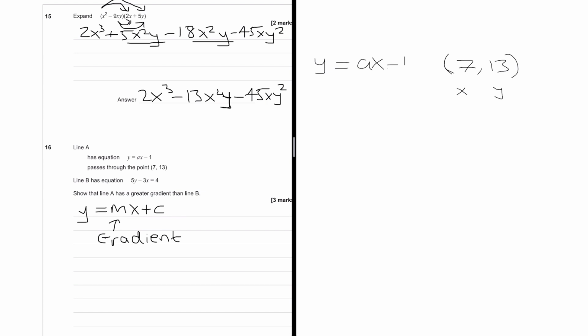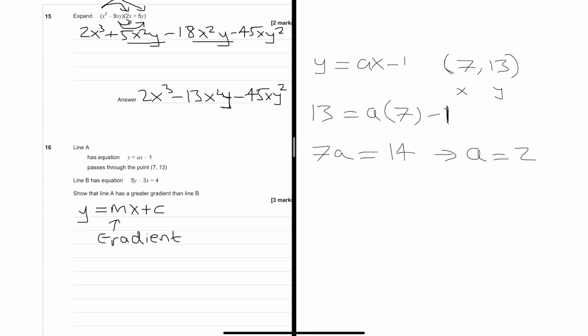So if we substitute those values in, y equals 13, and then we have a times x, which is 7, minus 1. If we rearrange, we have that 7a is equal to 14, and therefore a equals 2. So we now know the gradient of line A is 2.